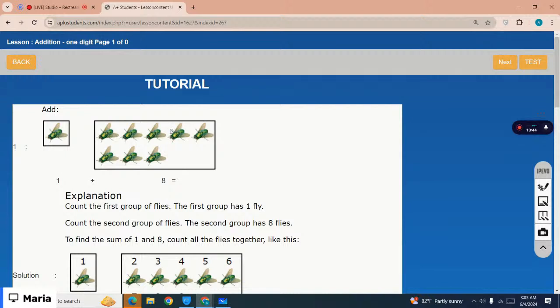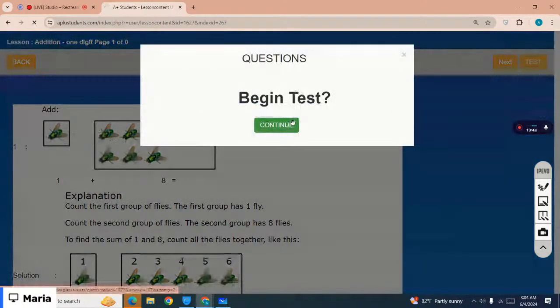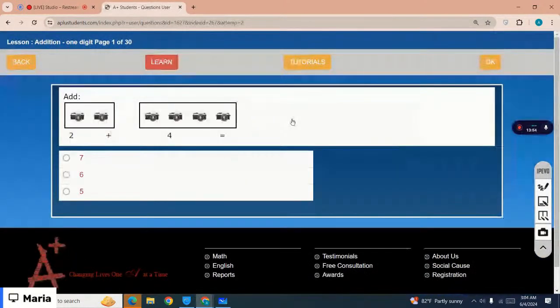Okay, let's start with the practice questions. So basically, you are given things in two groups. You need to count them together, right? Okay, the next one is you have two groups. The first group has two cameras and the second one has four. You need to count them all together.